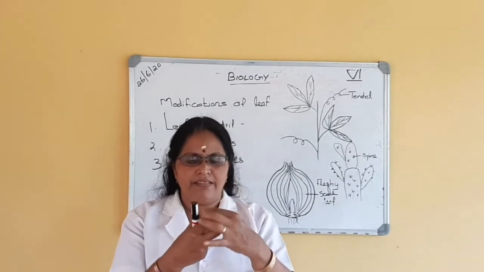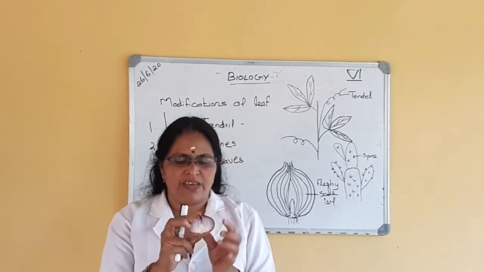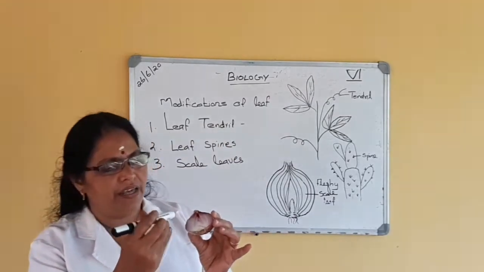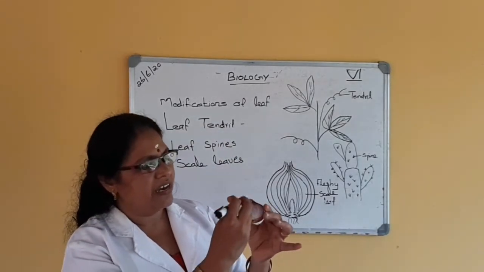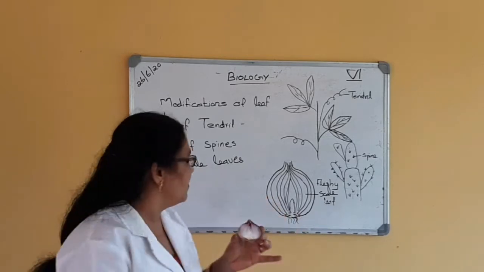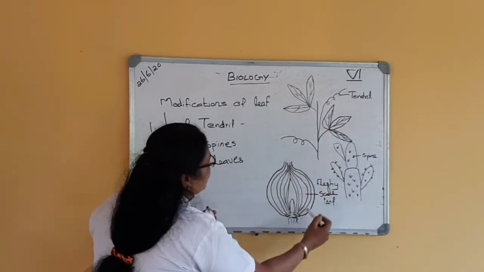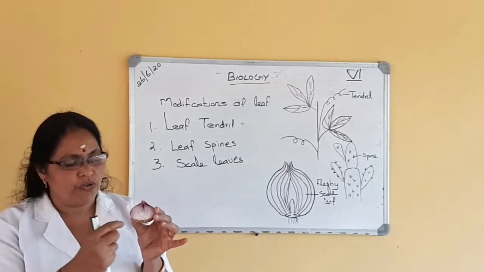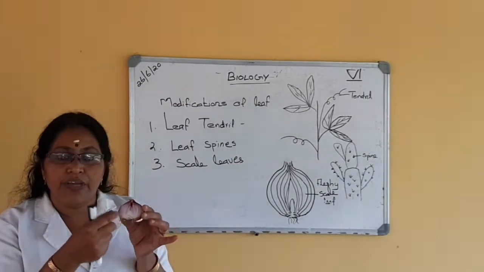In this onion you can see there are many fleshy leaves. Each fleshy layer of the onion stores the food in it, and also protects the bud growing inside.